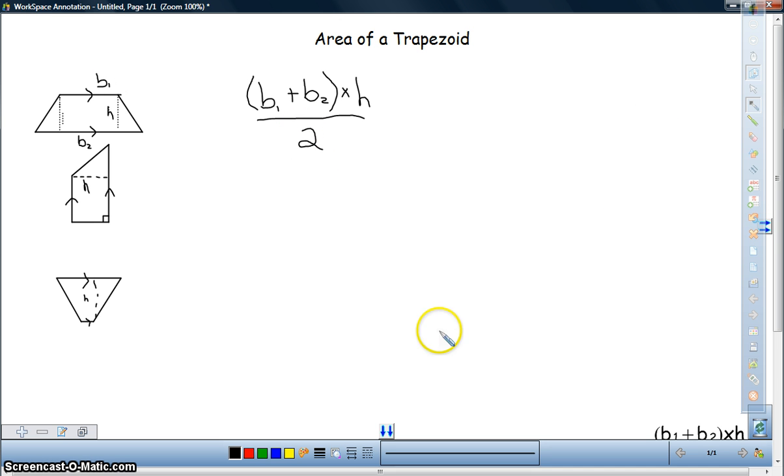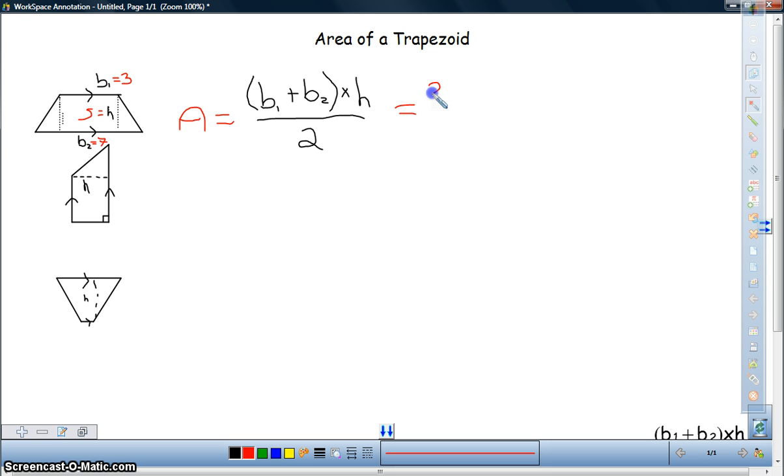So if we give numbers to this trapezoid, we have a height, let's say, of 5. This base will be 3, and this base will be 7. We can go, starting with our formula, area equals base 1 plus base 2 times height divided by 2.